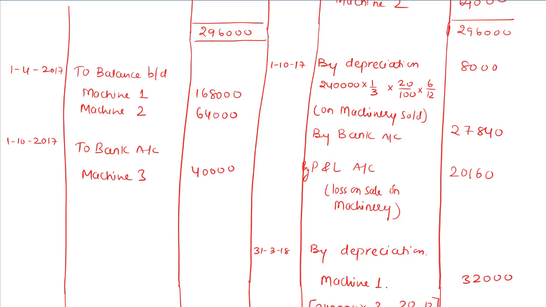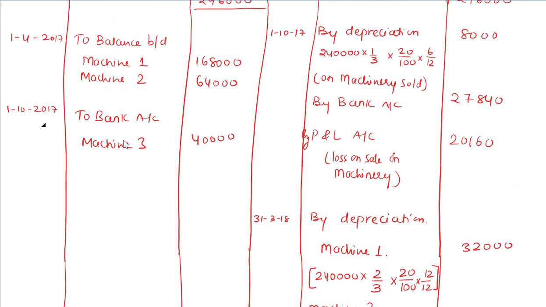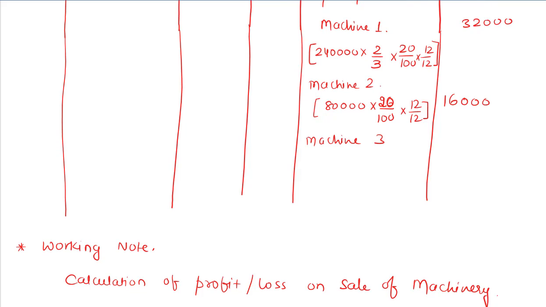So 40,000 multiplied by 20% is 8,000, and for 6 months, this would be 4,000. Why 6 months? Because 1st October 2017 to 31st of March 2018. I believe you understood. Just write over here machinery 3.